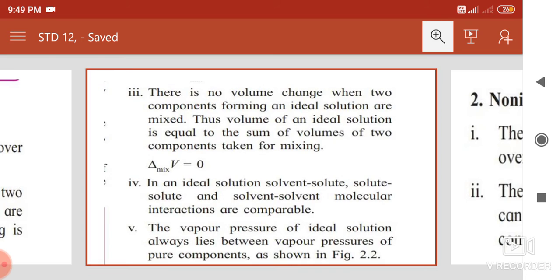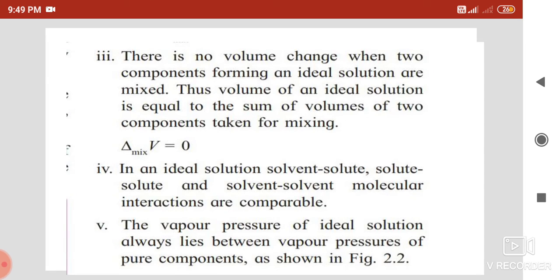Then there is no volume change when two components forming ideal solutions are mixed. Thus, the volume of an ideal solution is equal to the sum of the volumes of the two components taken for mixing. So here delta V of the mixture is equal to 0.